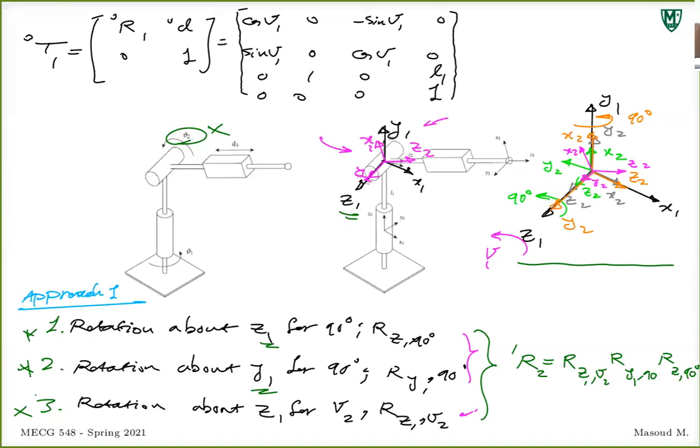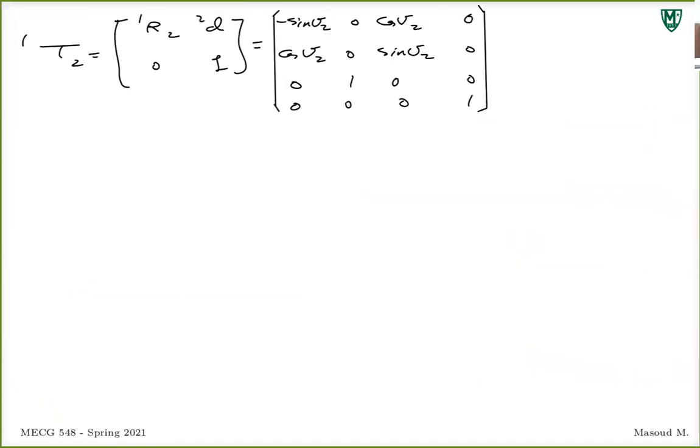Now, why do we do this? Because at the end, those 90 degrees are fixed. But when this arm is moving, what is changing? You don't want to rewrite your transformation matrix every time for every given angle. You want to get the general equation. Once you do this, you get a general equation for any angle V2.